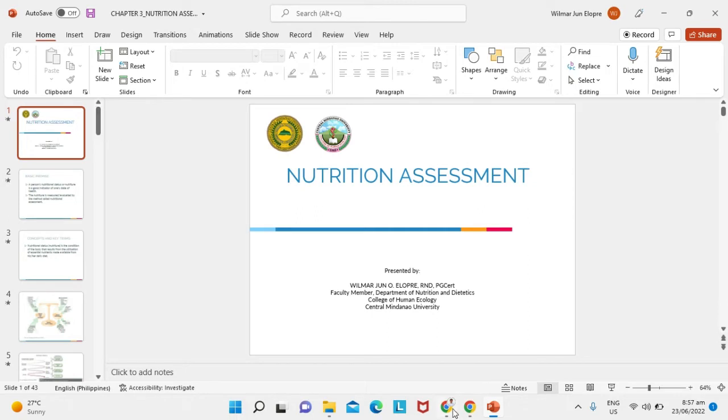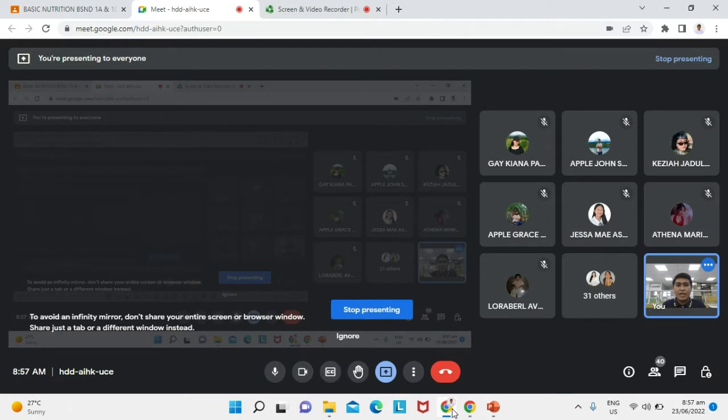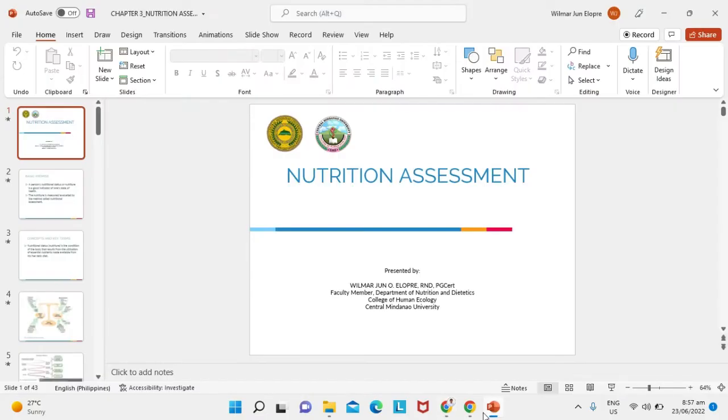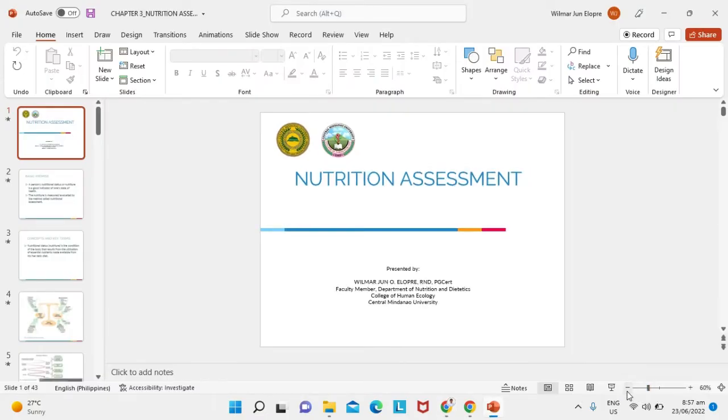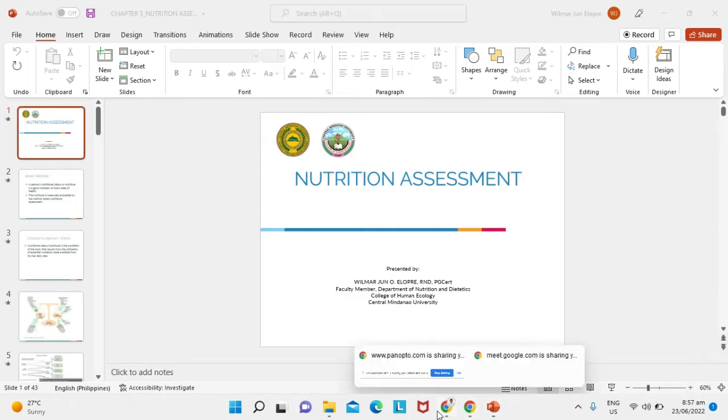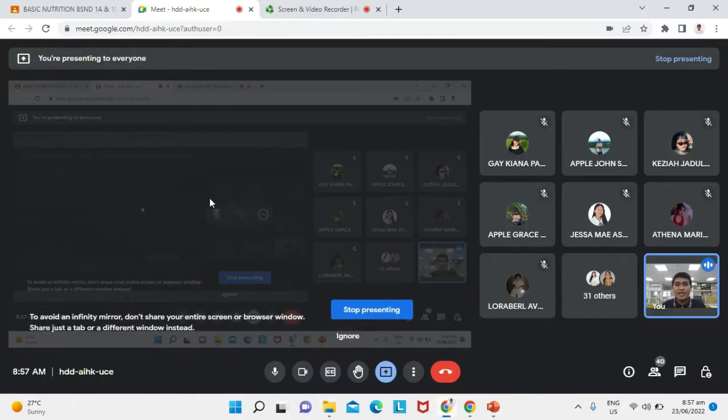You will actually have a separate subject about nutrition assessment next semester. Okay, because this is very important. This is one of the steps of the nutrition care process.